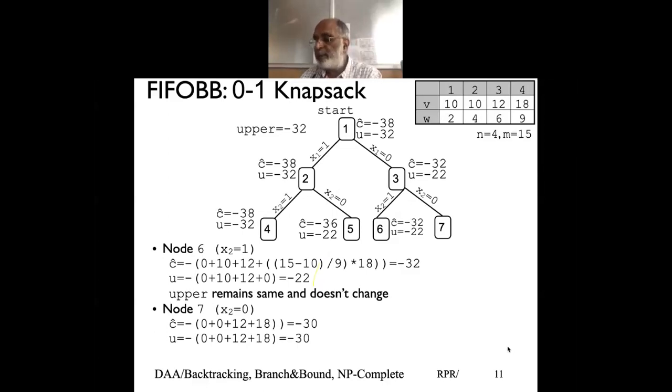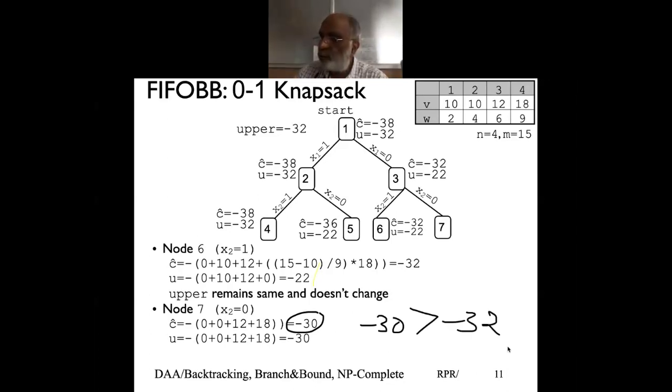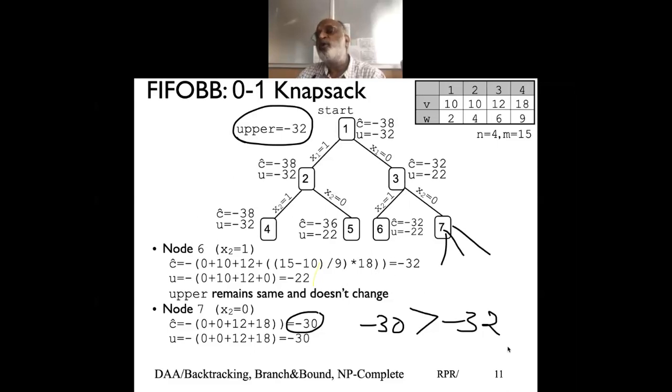Now look what is happening. This C hat at X is minus 30, which is greater than minus 32, which is my upper. That means if I follow the path of node 7, I am going to have a value higher than minus 32, and we already have a solution which gives minus 32, so there's no point exploring this, so we will not add node 7 to our queue.